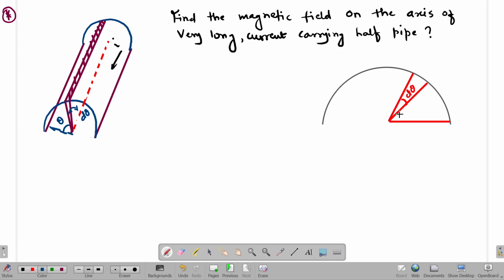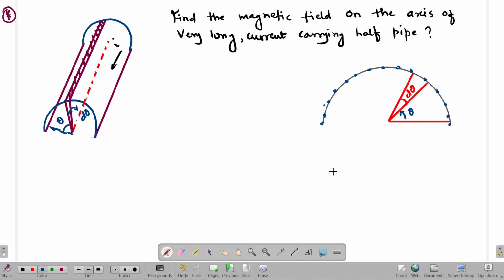Are you able to get me or not? Is that clear? And the current is passing. Current is passing in what way? Current is going away from this region, so current is like a dot for it, outside of the plane. Right or not?